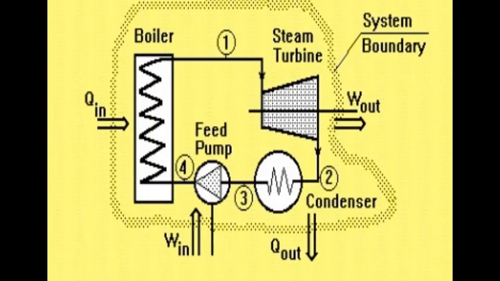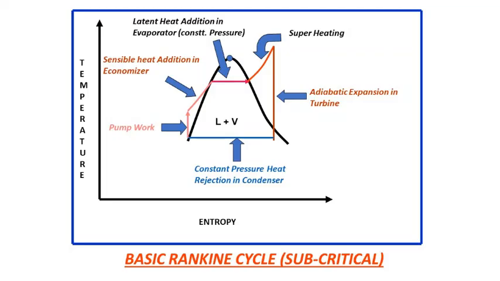If we put this practical cycle in the Rankine vapor power cycle applicable for the subcritical regime of operation without regenerative feed water heating, then we find that there is a feed pump, the boiler feed water pump, and that pump is doing some work on the water to take it to the boiler.